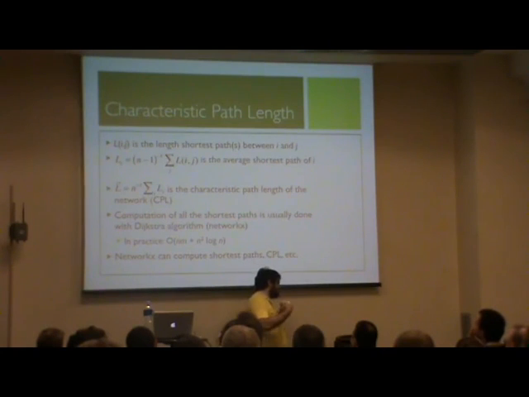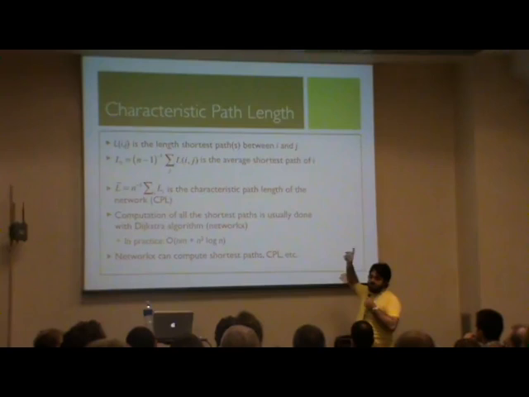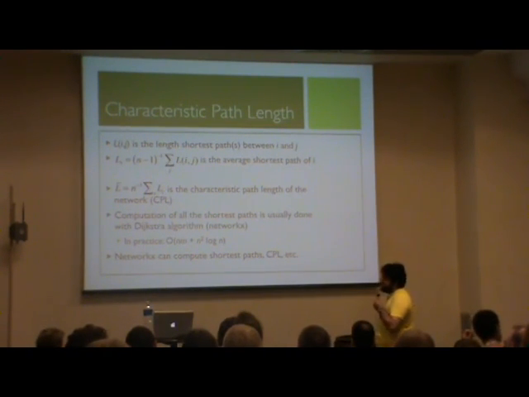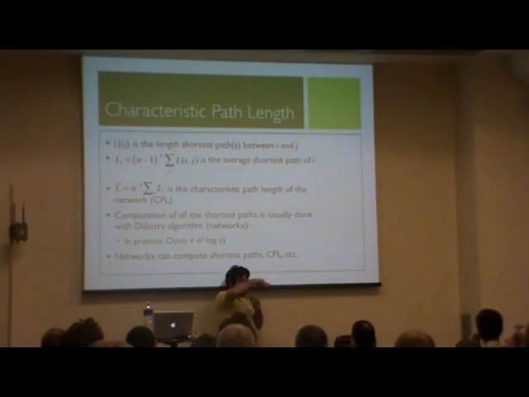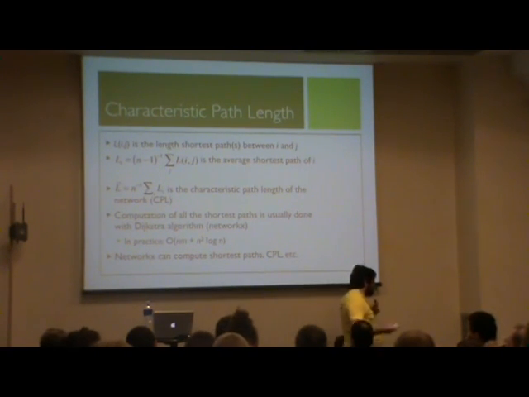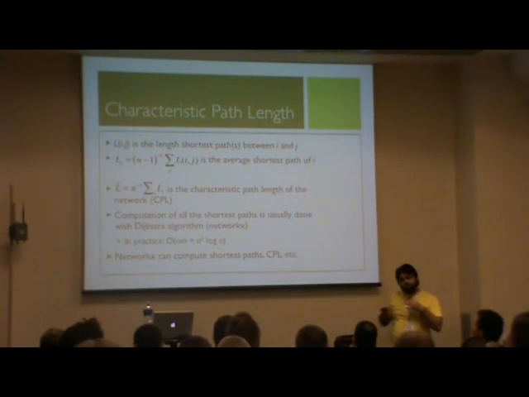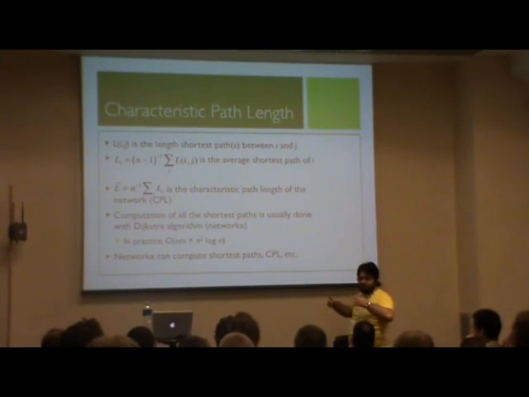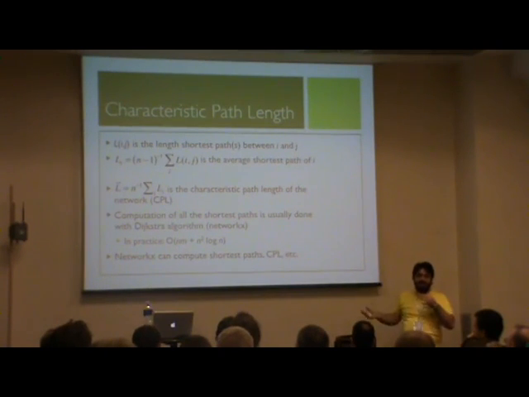What is the characteristic path length? The shortest path length is the length of the shortest path which connects two nodes, okay? And we can just take the average of all the shortest path lengths from a node to every other node. Of course, it works if the network is connected. If it's not connected, like it's quite common in social networks, we just take the core, the central part of the network, which is connected by definition and contains a very large part of the nodes.